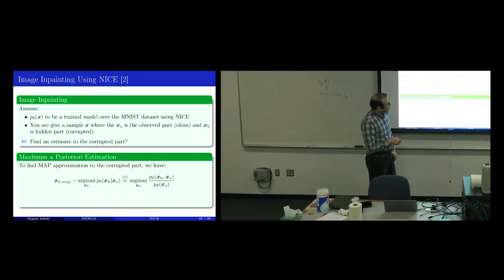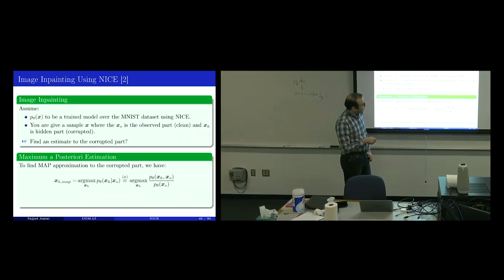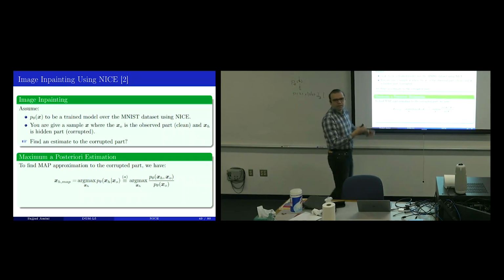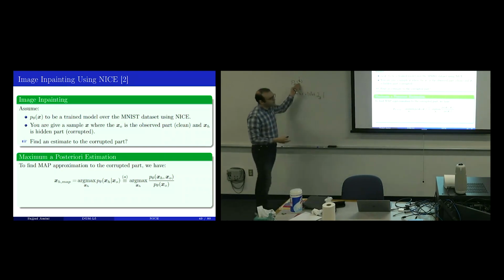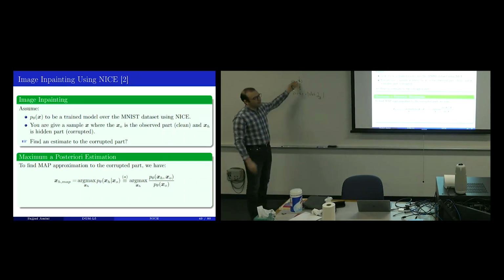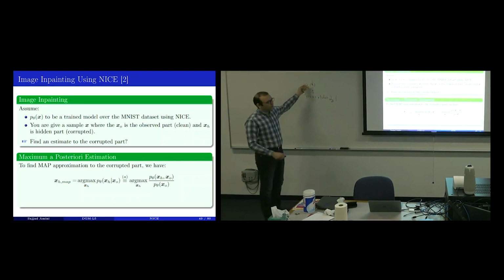The numerator is accessible. How? It is the probability of a complete image, so you have it via your normalizing flow model. Do you agree?